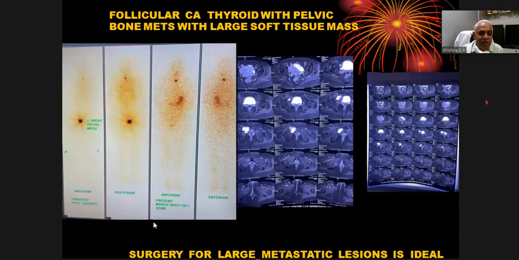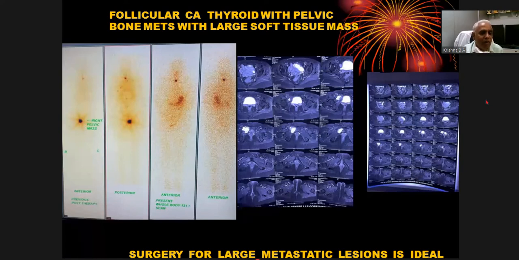Now, this is a patient which I just did about a few months ago. This is where you have a post-total thyroidectomy, follicular CA thyroid, with pelvic bone mets and a large soft tissue mass with the pelvis. There is a remnant tissue here, and the soft tissue mass in the pelvic bone is picking a high concentration.